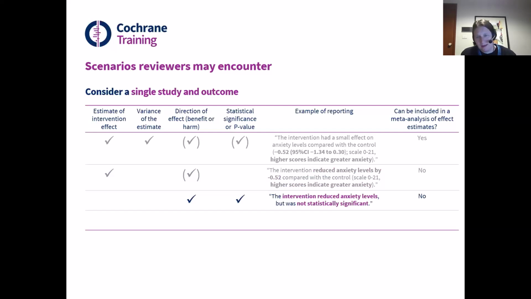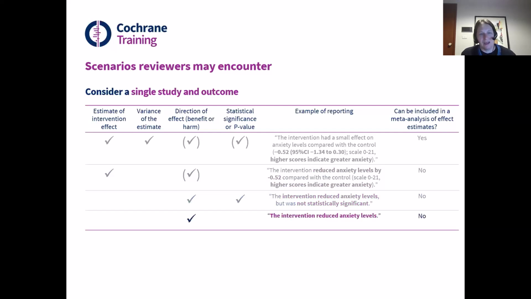We might have, again, less complete reporting. The intervention reduced anxiety levels, but was not statistically significant. Now we know the direction of the effect. We don't know anything about the magnitude. We know something about the statistical significance, but we don't have the information to include this study in the meta-analysis.